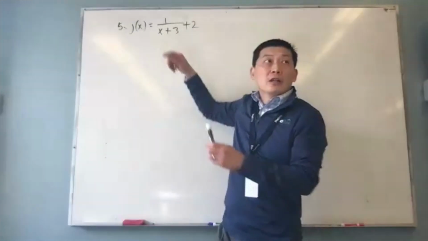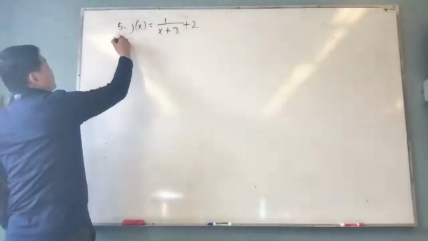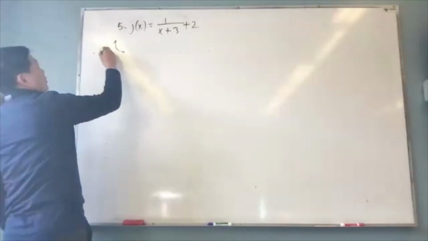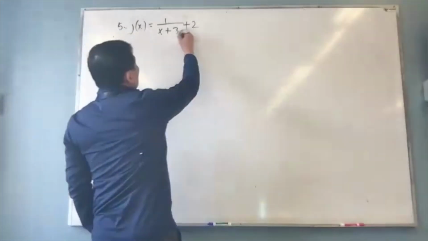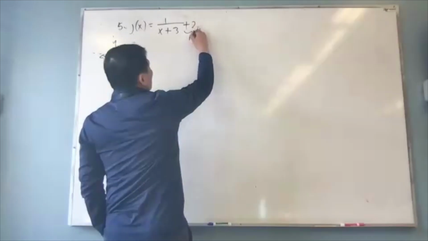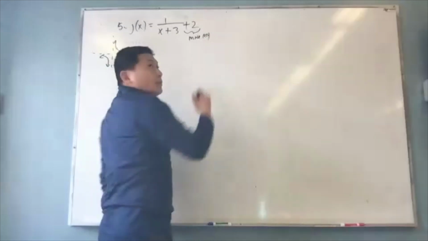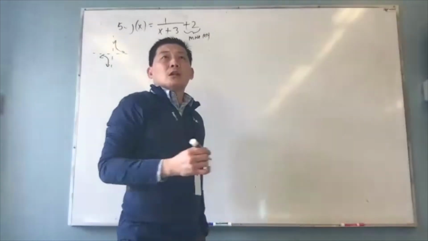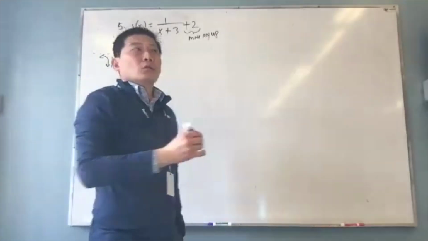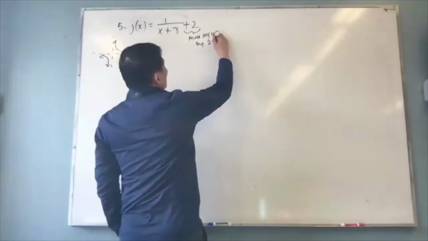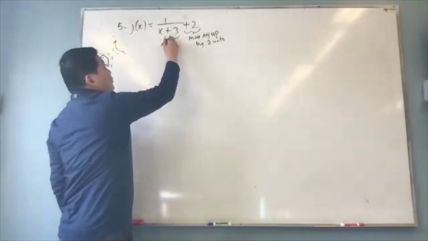Now reciprocal functions typically look like this, with a horizontal asymptote and a vertical asymptote. We know that this is going to move the asymptotes. Which direction? Up. By how many units? 2 units. What about this one? Which direction? Left.